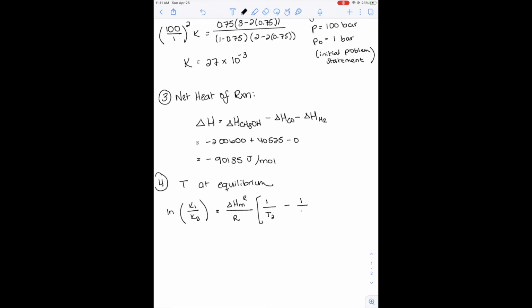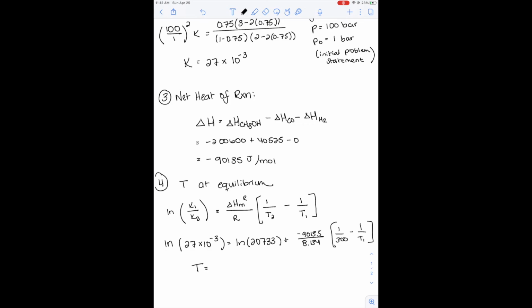K2 is found the same way as we did in step number 2, just with the pressure of 1 bar for that initial pressure, and so we get 20,733 for that.